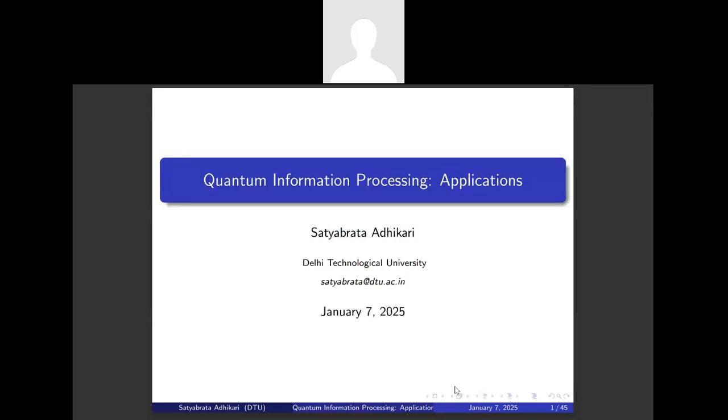So I will tell you what the possible methods of detecting entanglement are, and then I will concentrate on two possible approaches. First, the partial positive partial transposition criterion, and then I will talk about the realignment criterion and their possible implementation in experiment.